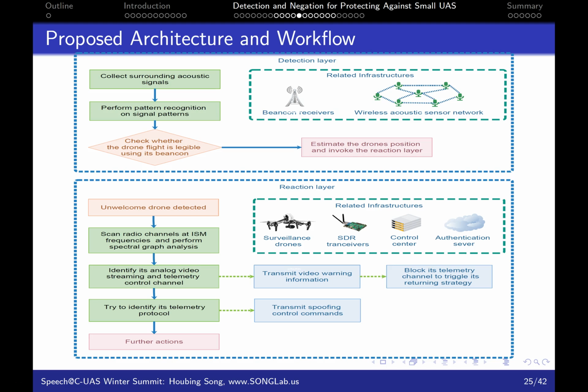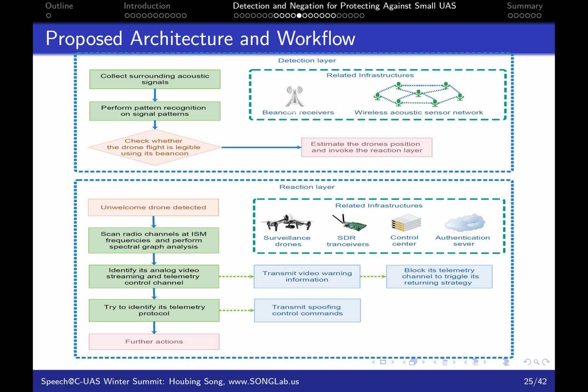Then we check whether the UAS flight is authorized using its beacon. Then we estimate the UAS's position and invoke the reaction layer. For the detection layer, the related infrastructure includes the beacon receiver and wireless acoustic sensor network.